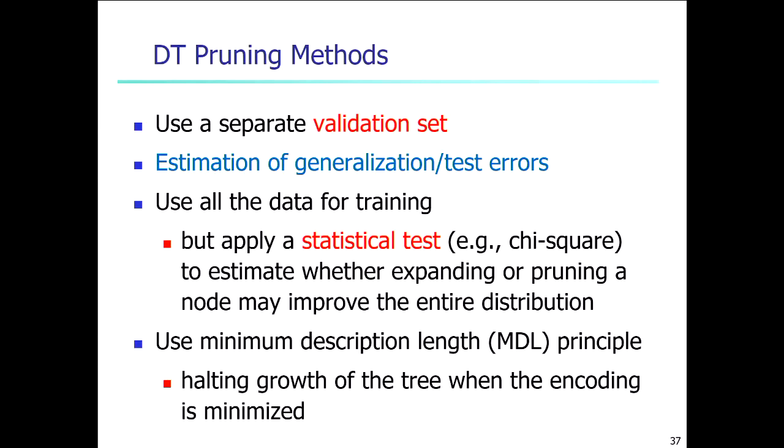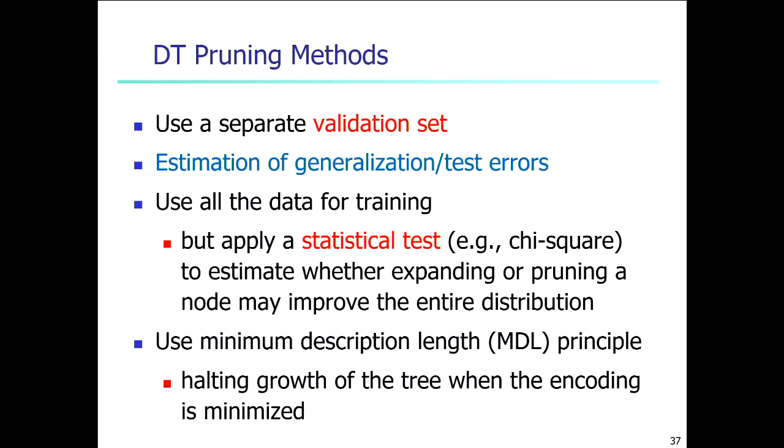Okay, so let's go back to the overfitting on decision tree and how do we prevent overfitting. For decision tree pruning methods, we can use a separate validation set. I think this has been mentioned in last week's lecture. So we use the validation set to estimate the generalization or the test errors.